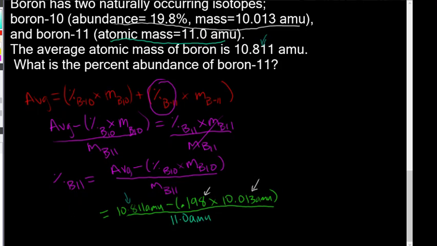Okay, so that right there will tell us our percentage of boron 11 is equal to, I know the answer, but I want to see exactly what it comes out to on the calculator. 0.198 times 10.013 equals, divided by 11.